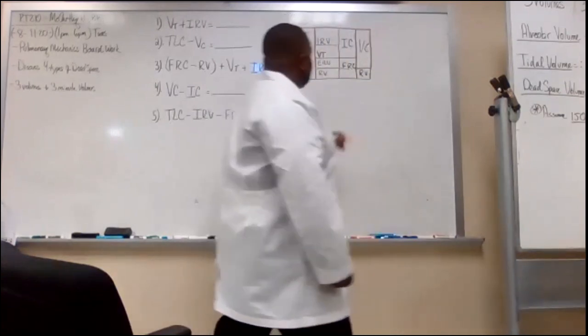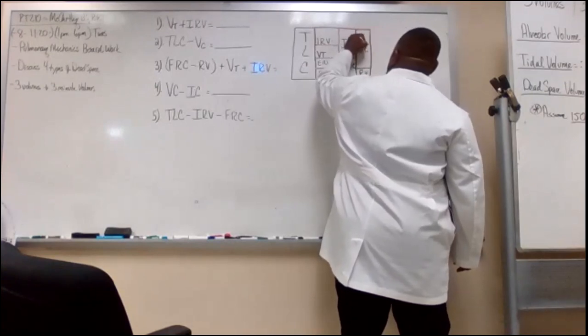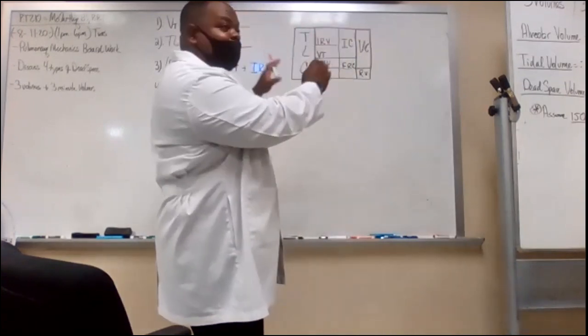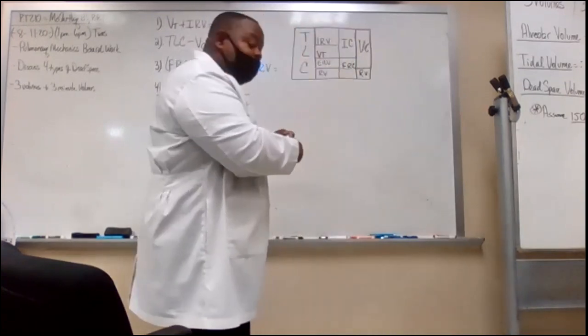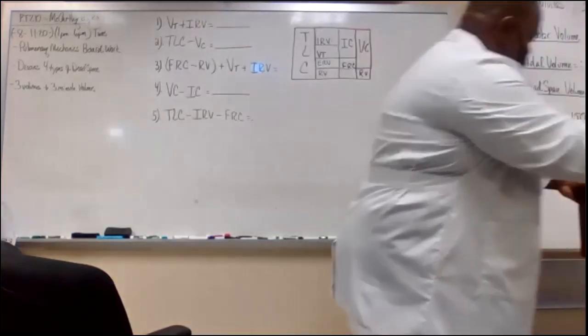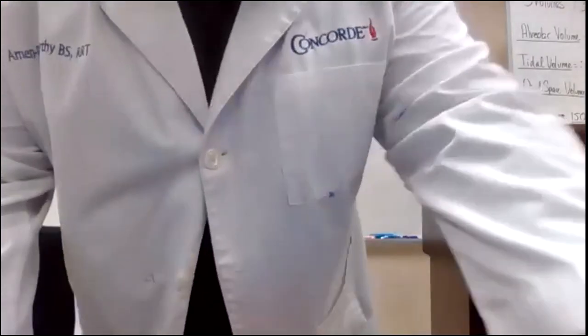See that? Vital capacity. I want to do that because that lets me know vital capacity encompasses all that. See that? Colors will really help you make it pop. Okay. I'll try to put this a little closer for you guys that are online.